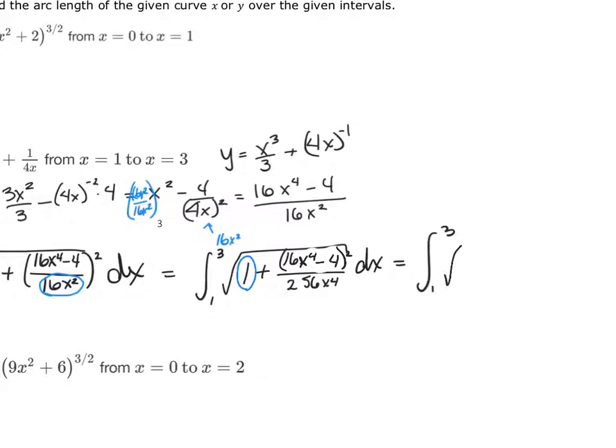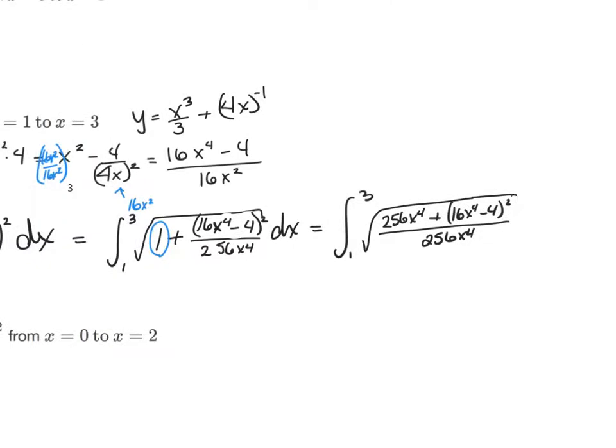And so I have the square root of 256x to the 4th plus 16x to the 4th minus 4, the quantity squared, all over 256x to the 4th dx.